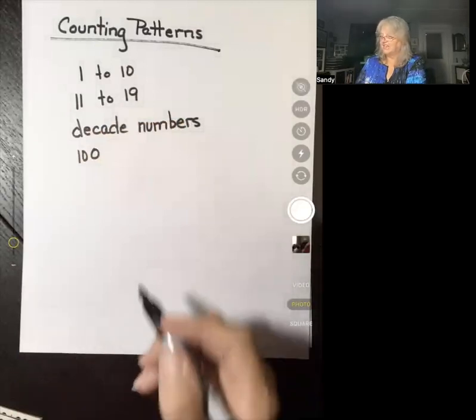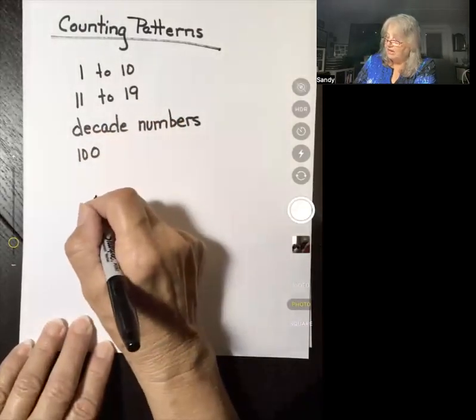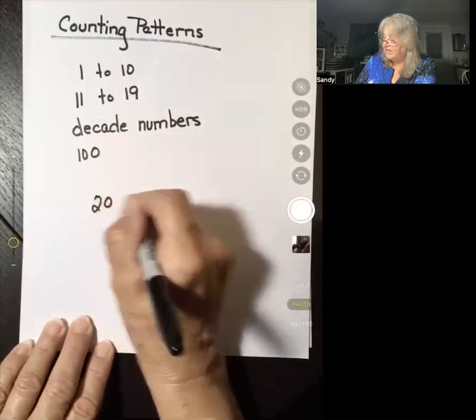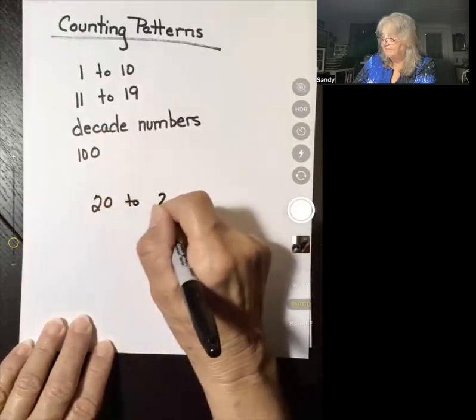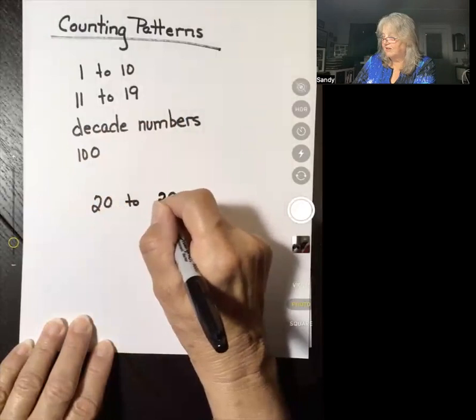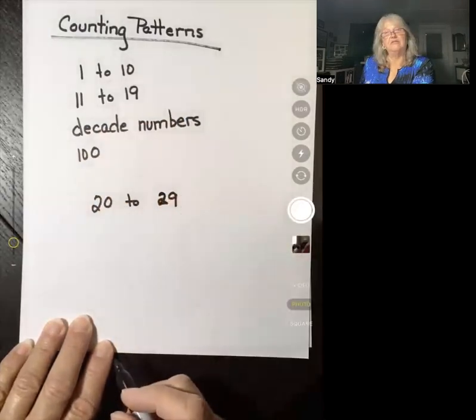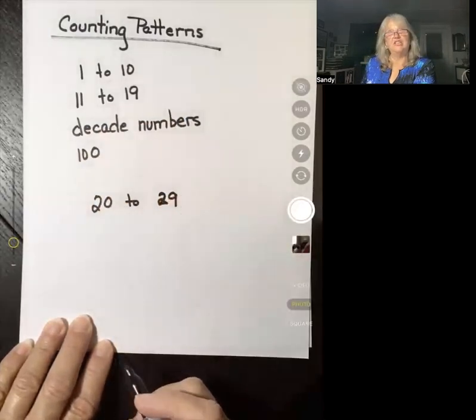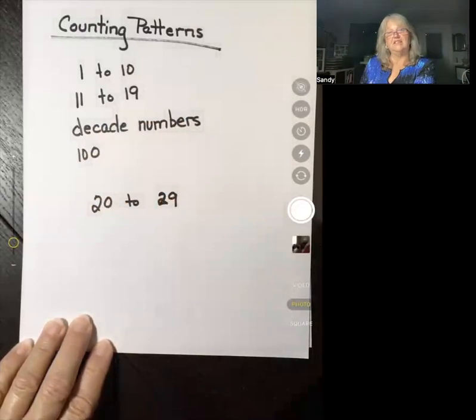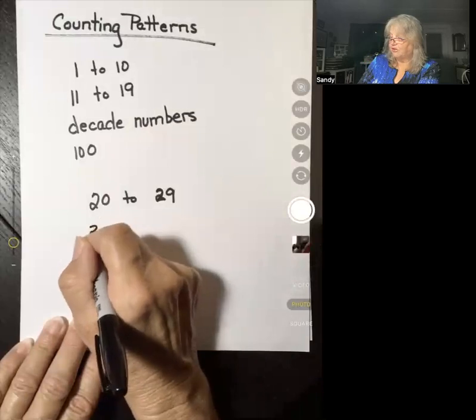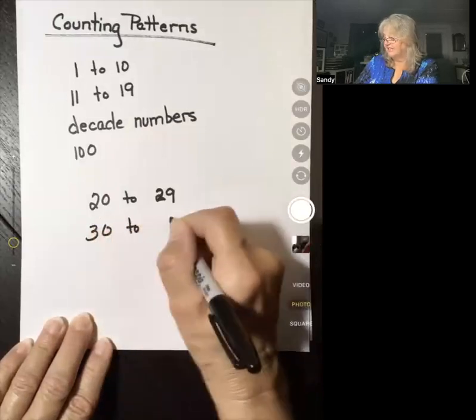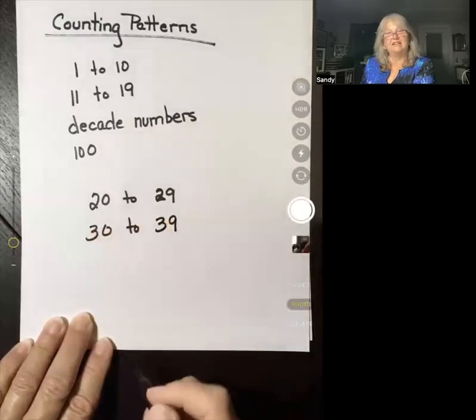So we've got 100. But it's not just memorizing 100 words. It's understanding that when I'm counting from 20 to 29, there's a pattern to it. 20, 21, 22, just like the same pattern 1 to 9, 20 to 29, similar. If I go 30 to 39, the pattern is the same.